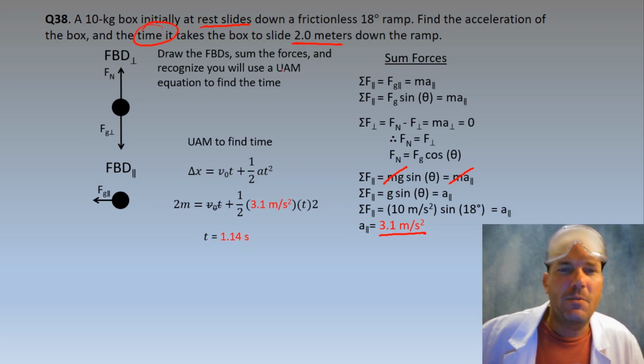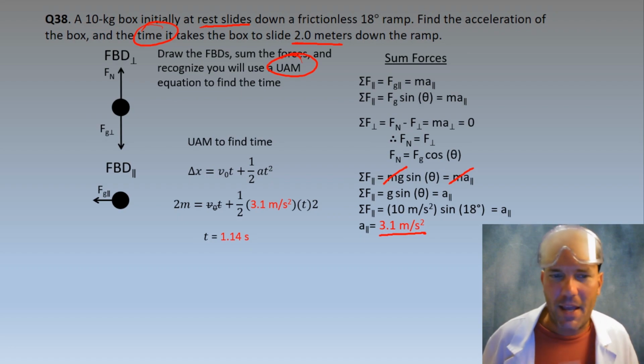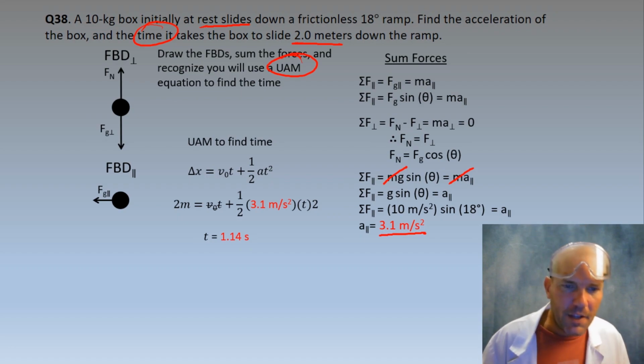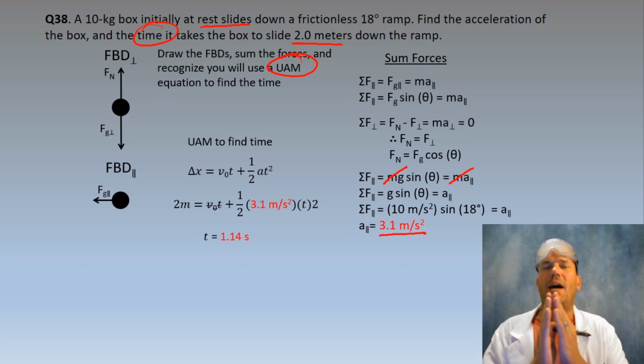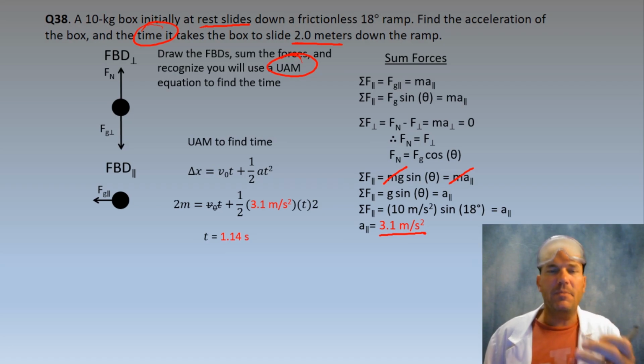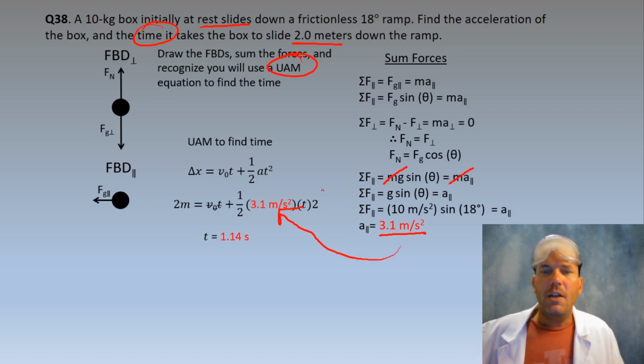And time is where you would, that screams UAM in kinematics. So if we use this UAM equation and recognize that the box is at rest, V naught t becomes 0, and we are left with 1/2 times the acceleration, which we found to be 3.1, multiplied by time squared.